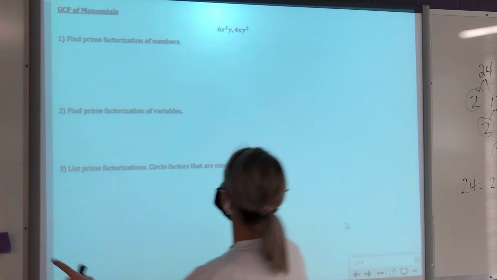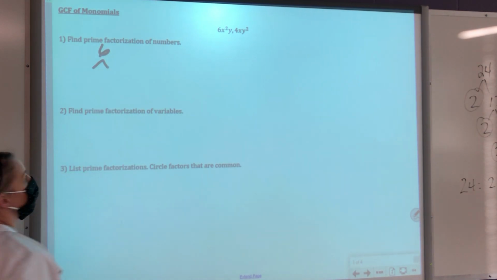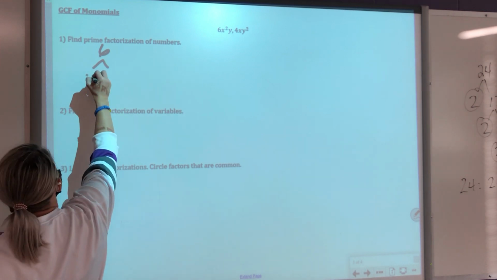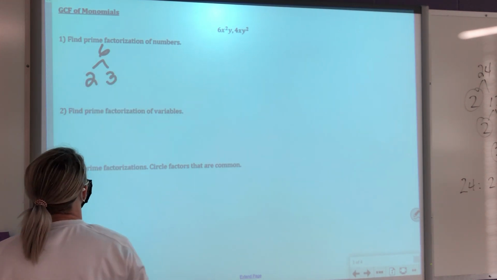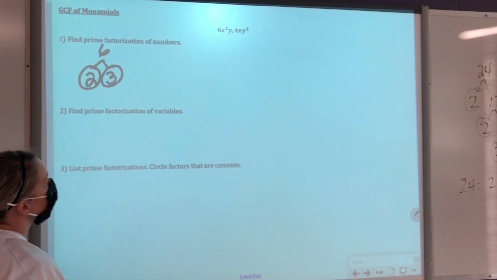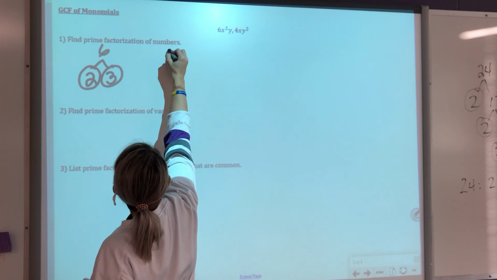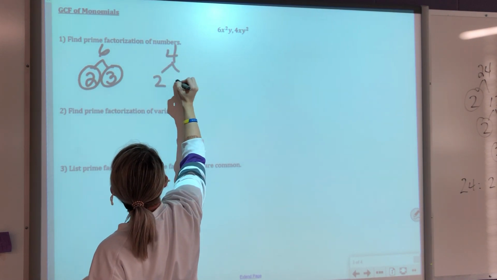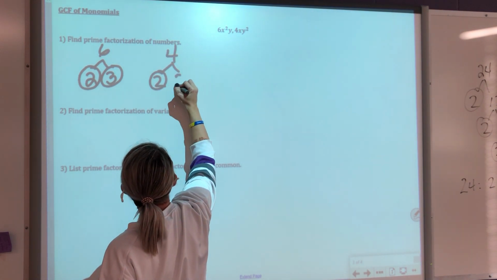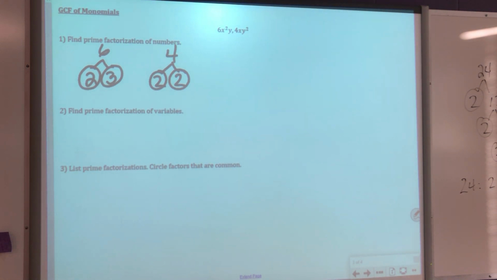Okay, so let's start with 6. What's our prime factorization of 6? 2 and 3. What about 4? 2 and 2. Now our prime factorizations of our variables.